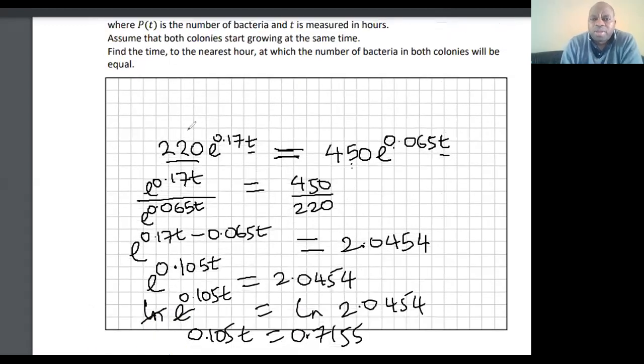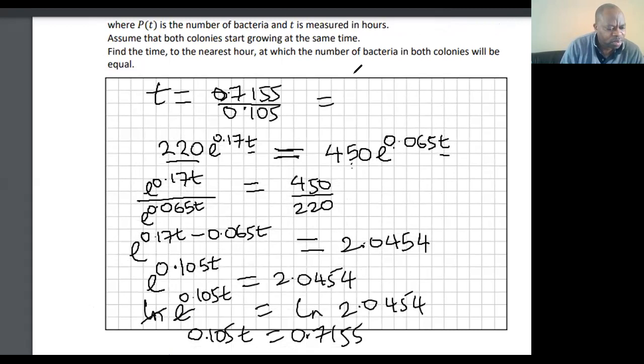Okay, let me finish it up here. So my time would be equals to 0.7155 divided by 0.105, and that should give us 6.81 hours.